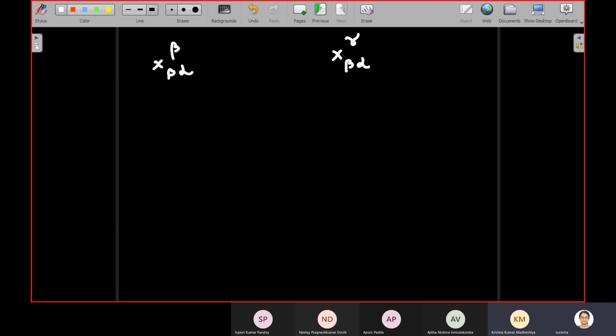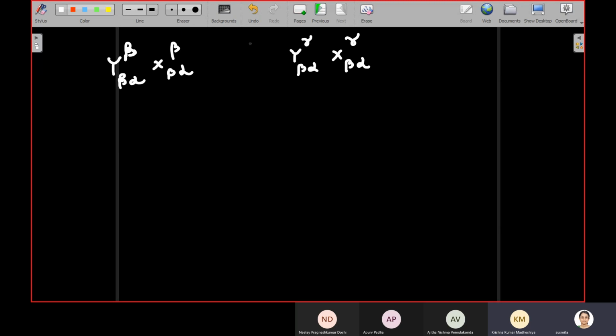Now let's take another vector which is non-collinear with x, and we also know it in the beta frame.